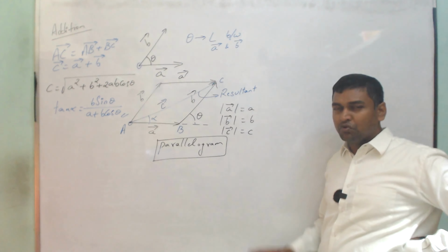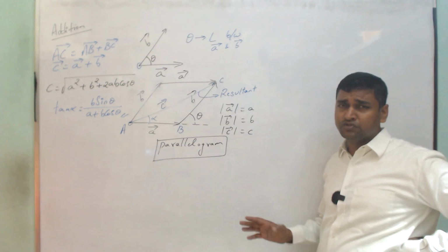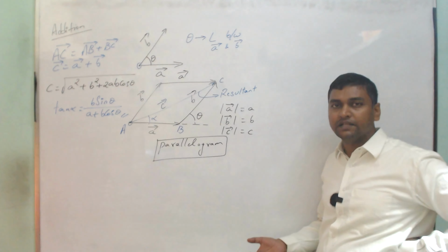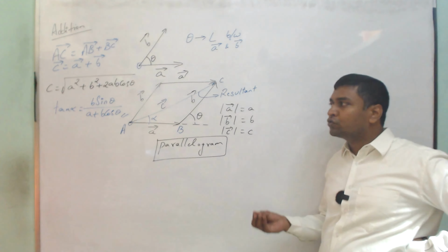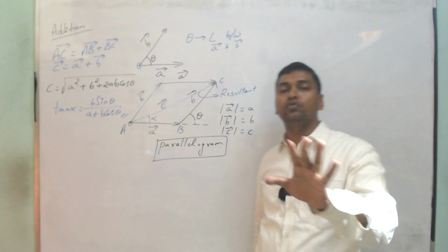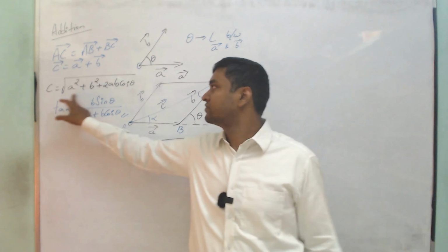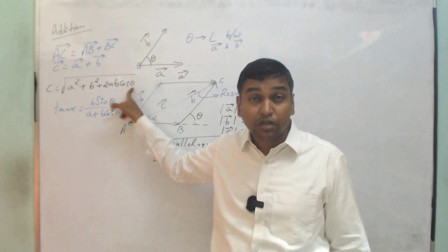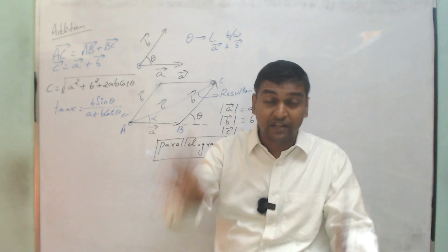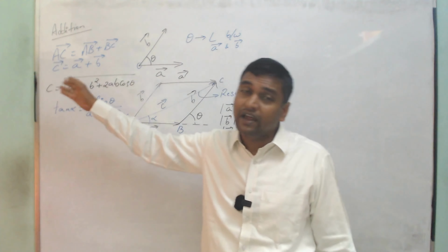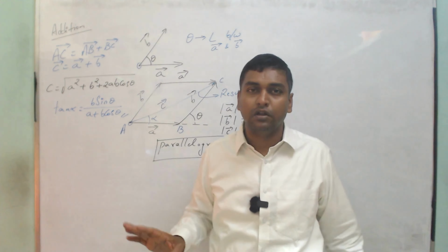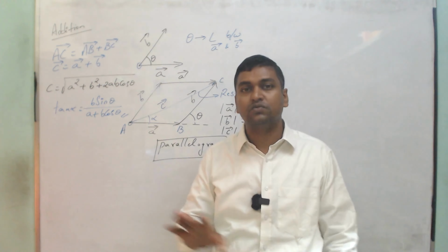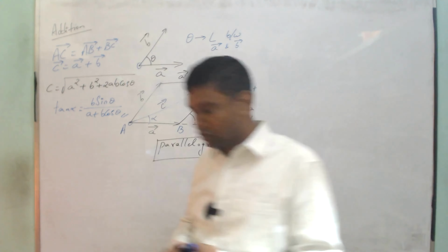Most of the cases you will not be using these things much. Most of the cases you will be using something else. I just want you to know if the magnitudes of the vectors are known and the angle between the vectors is known, you should know that you can find the magnitude of resultant and the direction of resultant. That's all. I just want you to know this much.